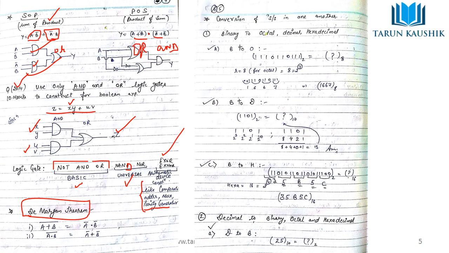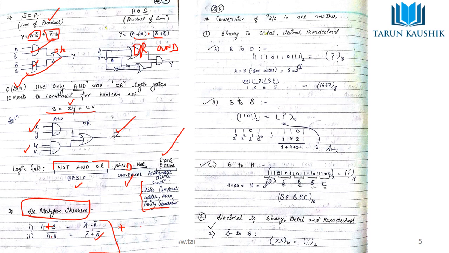When you put the bar over A and the bar over B, you will need to change the plus sign into a dot sign. If you are changing the bar position from this to this, it will become A bar, B bar, and the dot will be changed into plus. It's very simple, De Morgan's theorem, and it is very helpful in minimizing any Boolean expression.